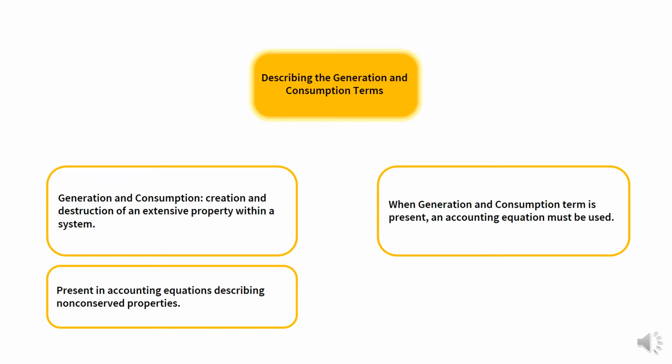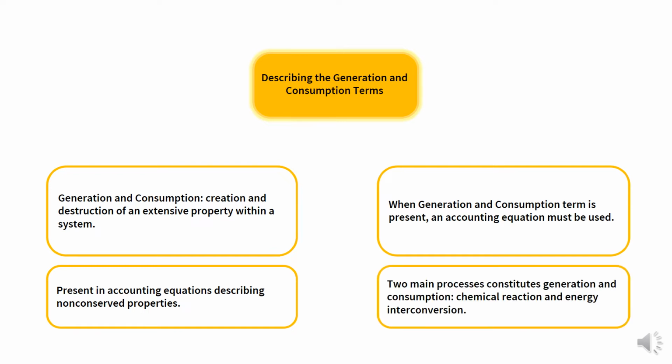And when a generation or consumption term is present, an accounting equation must be used. There are two main processes that constitute generation or consumption of an extensive property. The first one is a chemical reaction, and the second one is an energy interconversion.